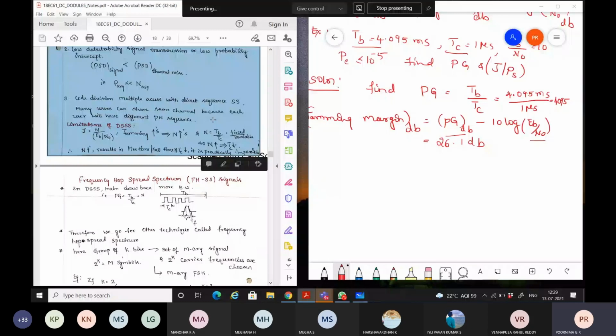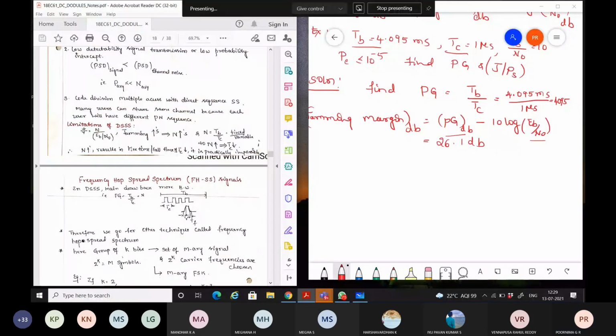Limitations of direct sequence spread spectrum. If jamming increases, the sequence length increases. As the sequence length increases, n is directly dependent on bit duration and chip duration. TB is fixed, whereas TC is variable, so n may vary.